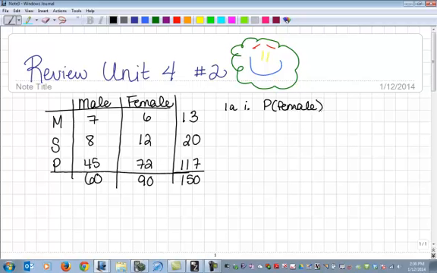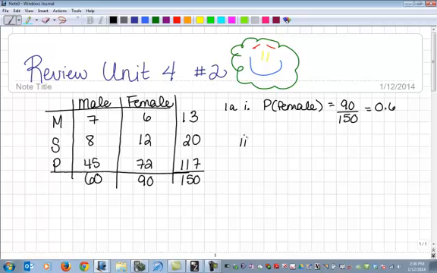Well, now that I have a contingency table, it makes it super easy, because I'm just looking at number of female, which is 90, out of total number of workers, which is 150, which, doing that quickly, is 0.6. And of course, I can express it as a fraction, a decimal, or sometimes when we're writing these as sentences, it makes it nice to put it as a percent.